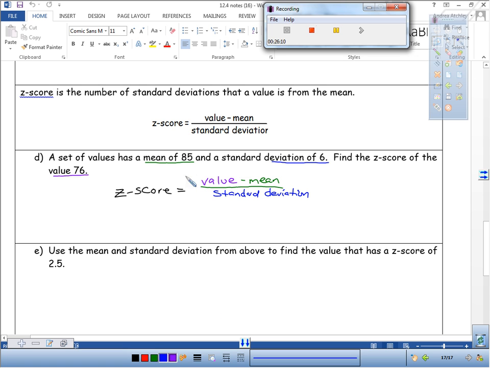So we're going to plug in our numbers. So 76 minus 85 divided by 6.